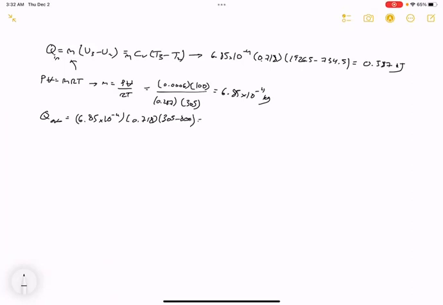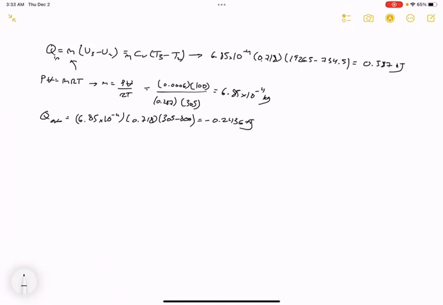This gives us negative 0.2436 kilojoules.